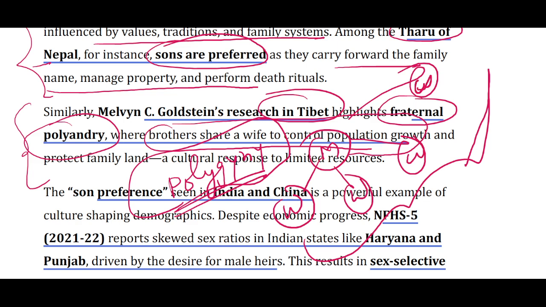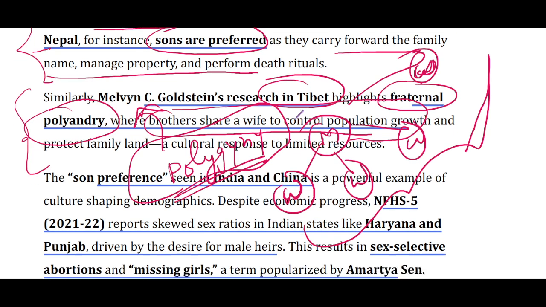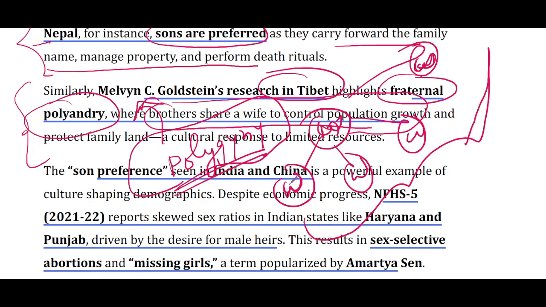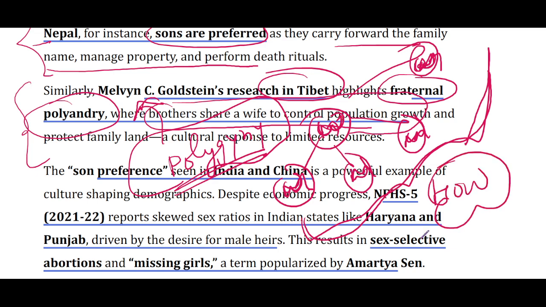Polygyny is one of the cultural ways to increase the population, and the opposite of it is polyandry. In that sense, one woman is shared by many men, and here you can see how a cultural response keeps population in check.